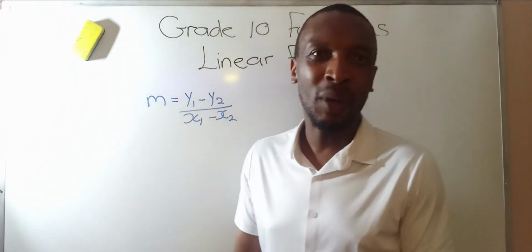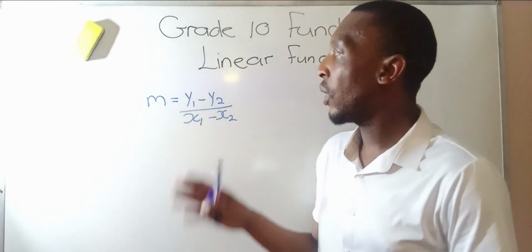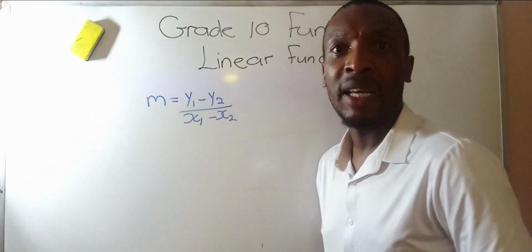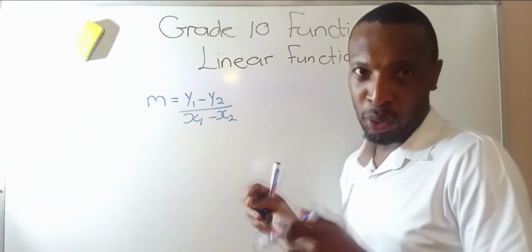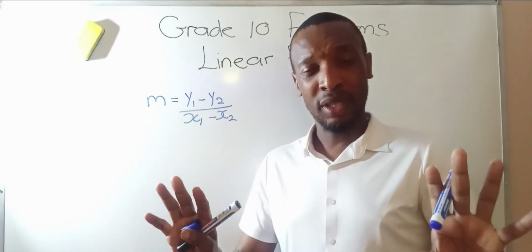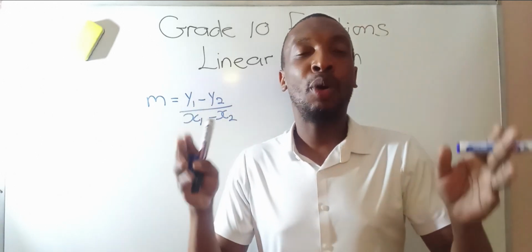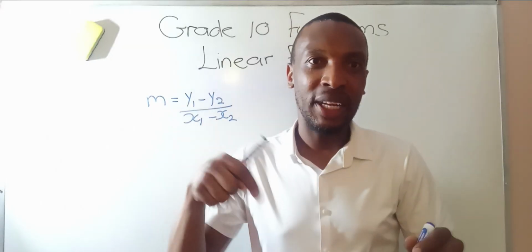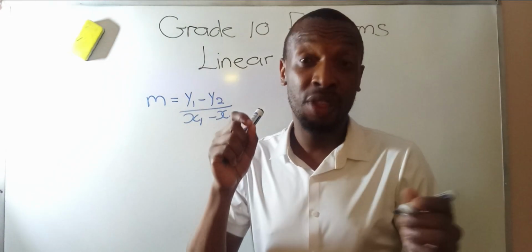So what is 1 and what is 2? These are just points. In this case, we decided to call the first point point 1 and the second point 2. And not just any points, very important: the 2 points must be points that lie on the straight line. So it must be points that the line goes through.